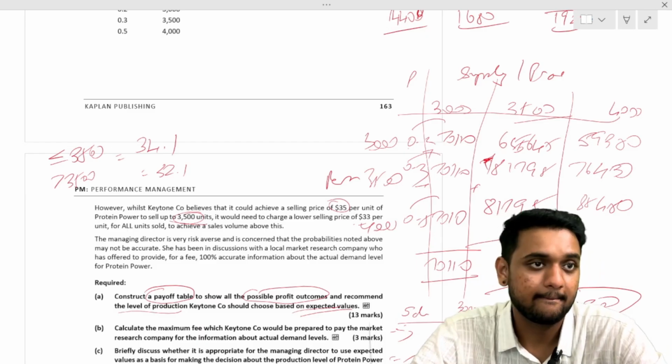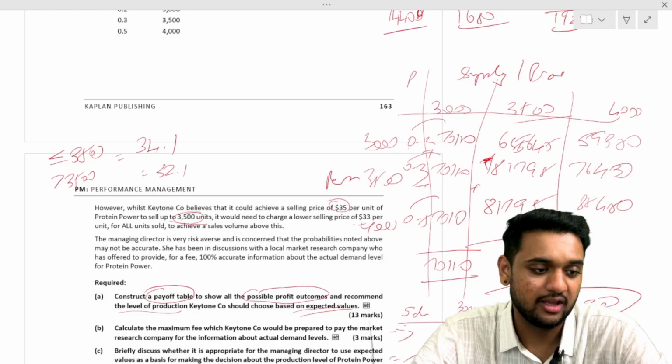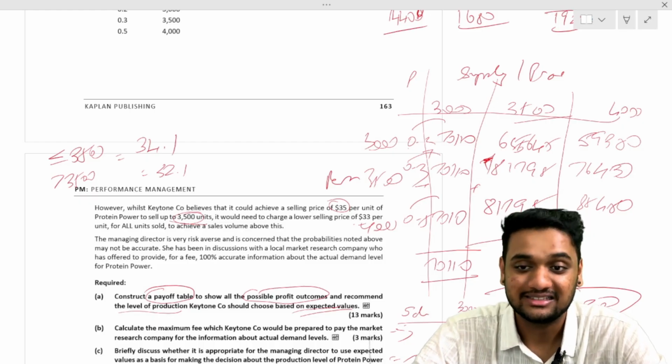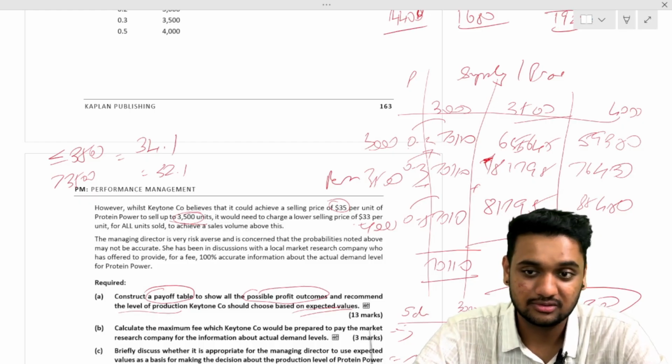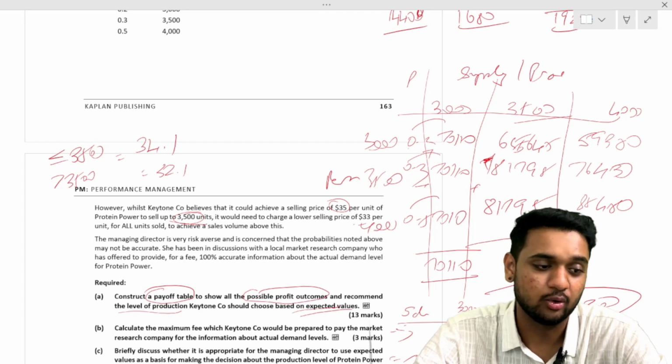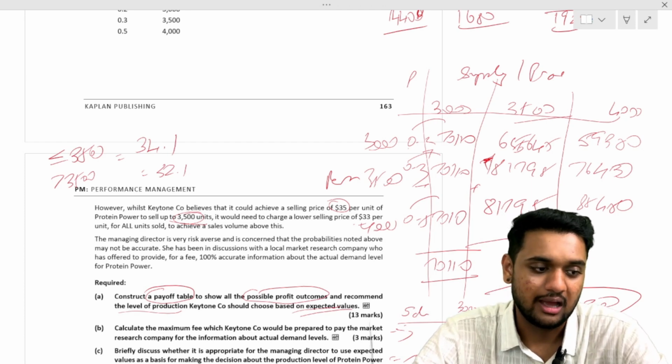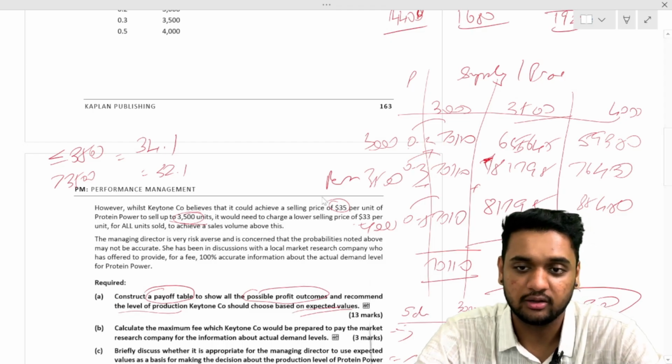For 3,500 units production and sales of 3,000 units, what is the value you are getting?